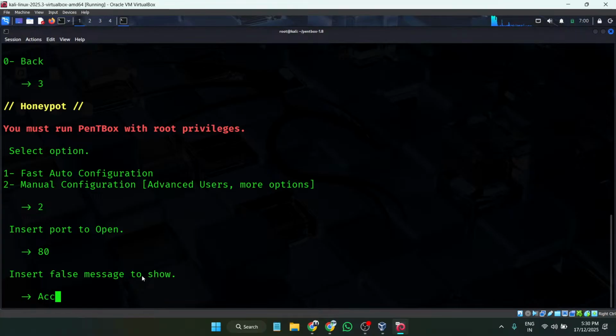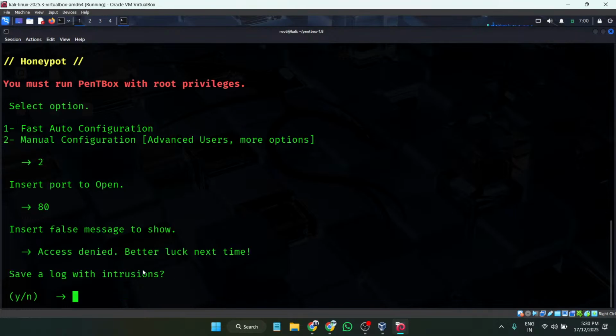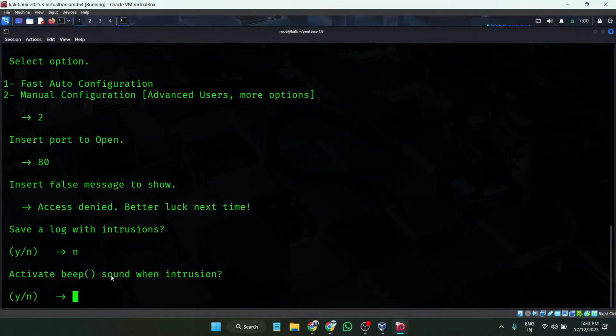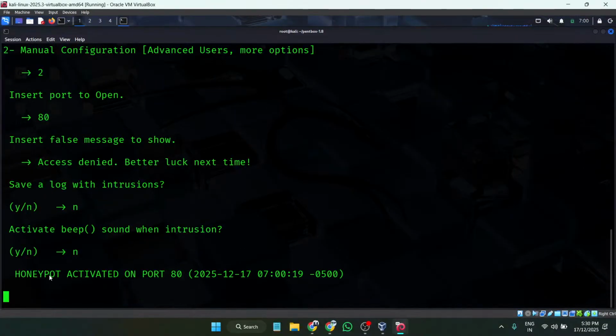Insert the false message: access denied. Better luck next time. Save log? No, I don't want to save any log anymore. Beep? No. Honeypot is activated.